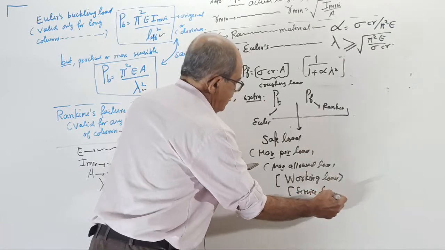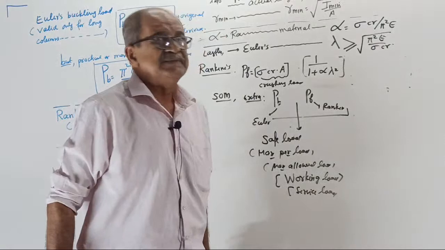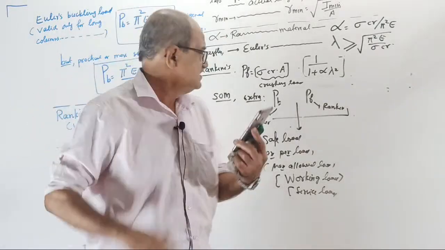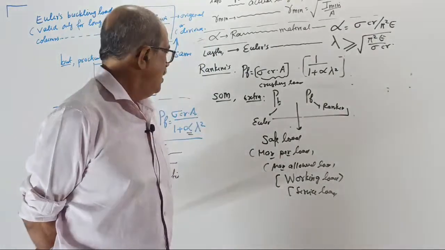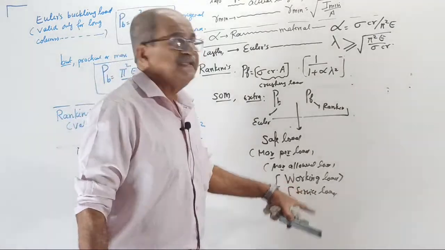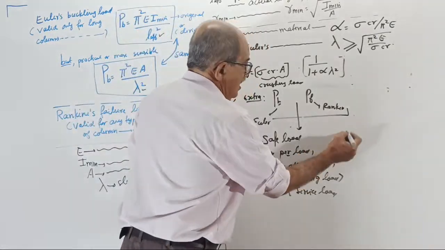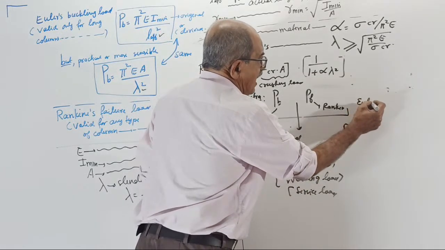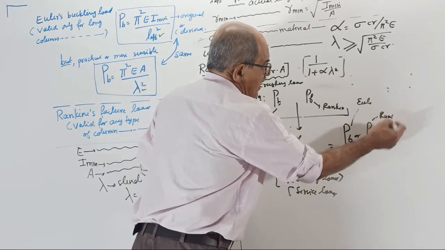Correct? You can call it safe load or maximum permissible load in actual field conditions, or maximum load allowed for safety, or working load or service load. That will be related to PB if you apply Euler's formula or PF if you apply Rankine's formula.